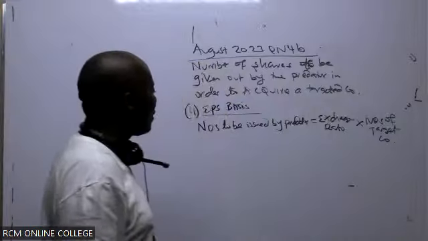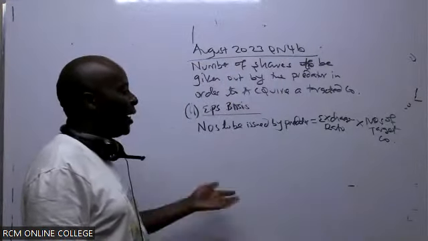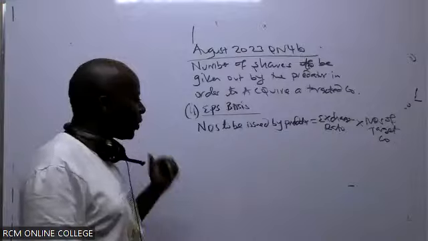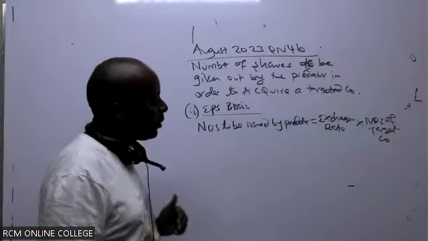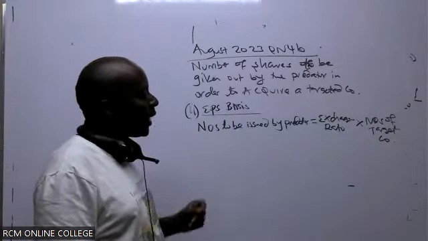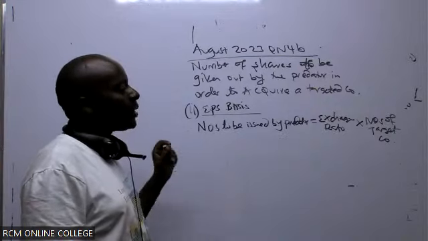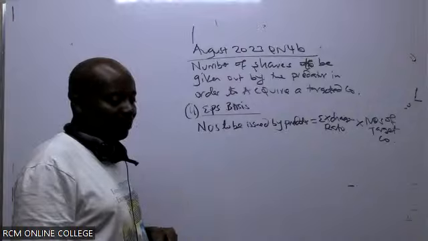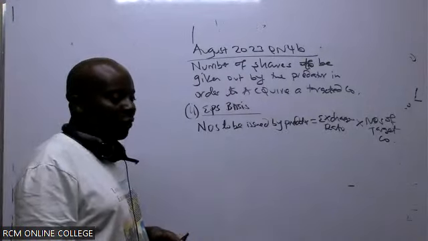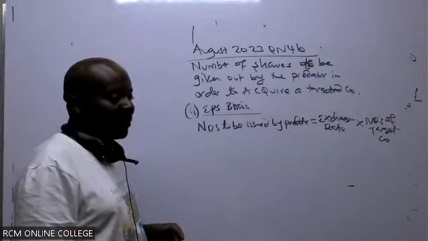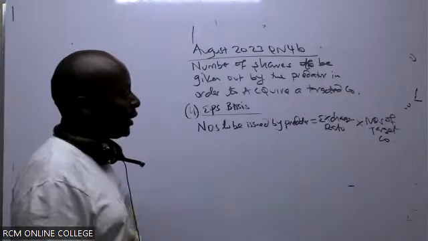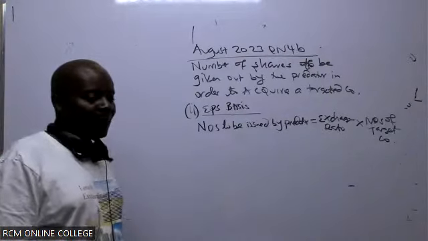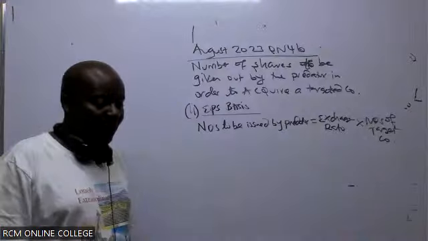Anytime they want us to give them NOS of the predator, NOS stands for number of shares to be issued out by the predator. Always take the exchange ratio times the number of ordinary shares of the targeted company.